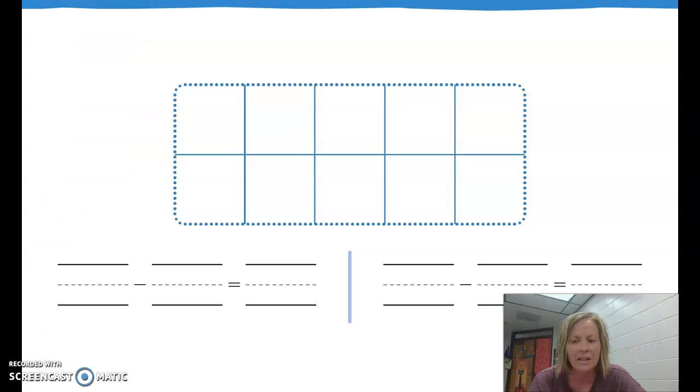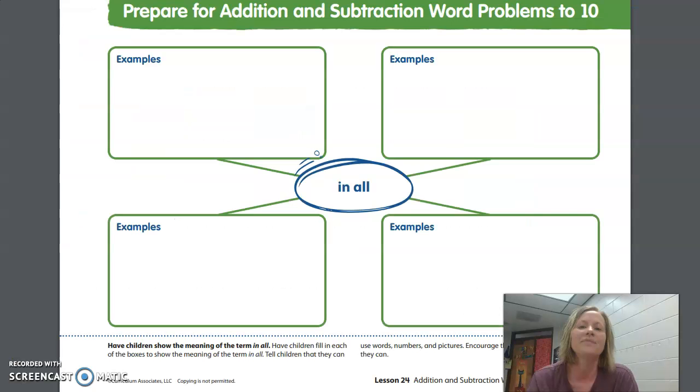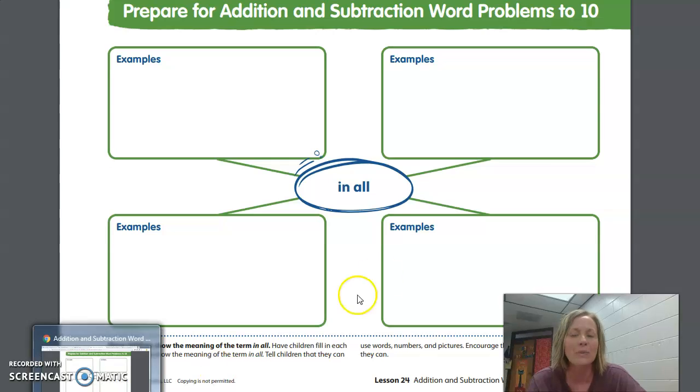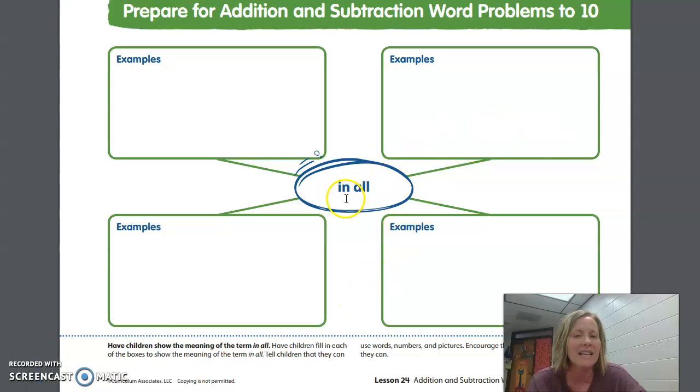All right, let's see. Hey, boys and girls, so we want to be on our vocabulary page, and we want to look at those words in the middle. It says, in all. So we want to draw 4 pictures that show how many in all. So here's a story, and I'm going to draw a picture to show how many in all.